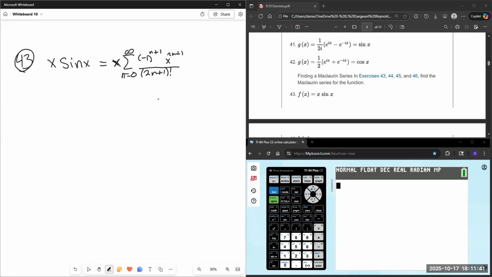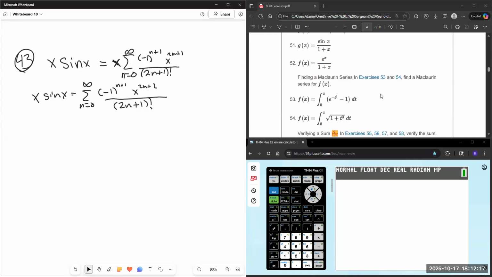So this extra x, when it passes through the summation symbol, which it can because it's not n, x sine x is equal to summation n equals 0 to infinity of -1 to the n plus 1 x to the 2n plus 2 over 2n plus 1 factorial. And that's it for number 43.